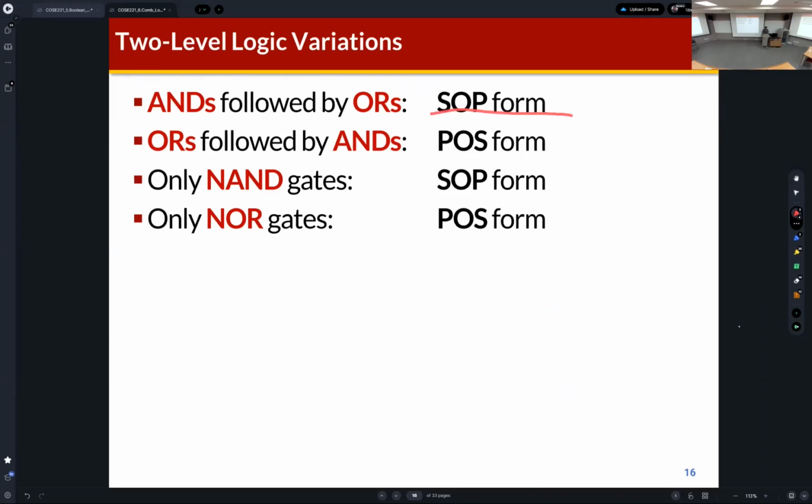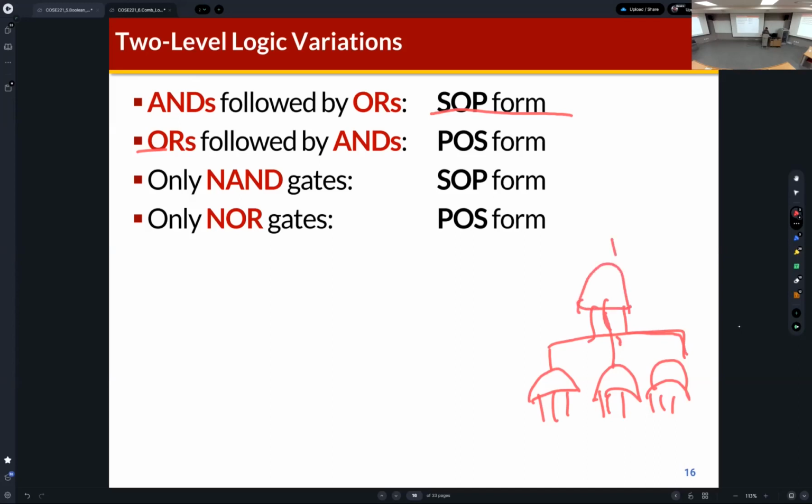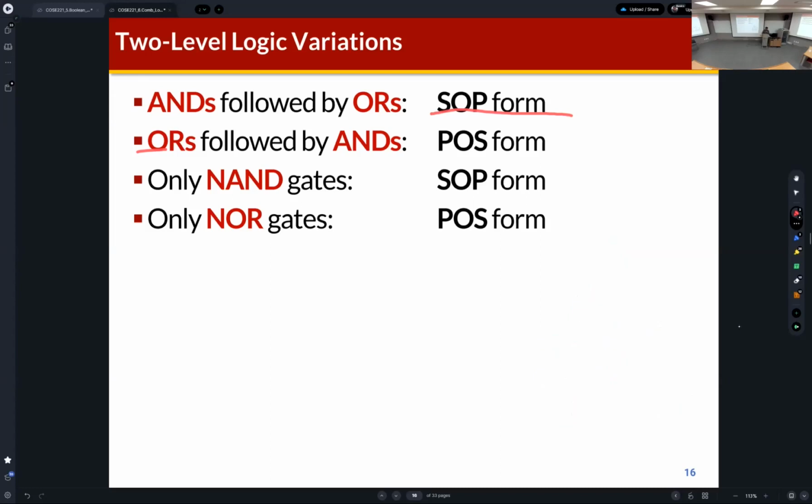So which means ORs followed by ANDs. There are several OR gates here, and then the outputs of the OR gates are ANDed to generate the output. So this is the POS form, and we can define the two-level logic as the POS form, the ORs followed by ANDs.